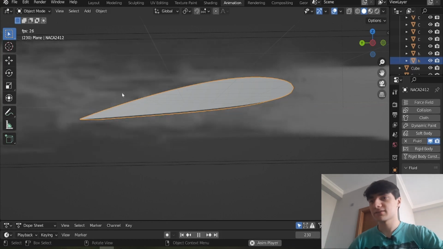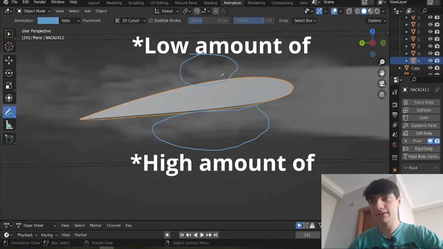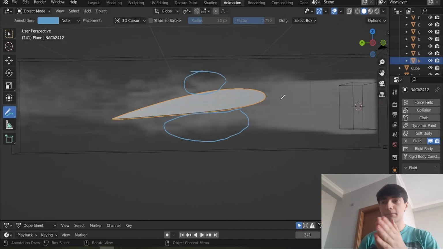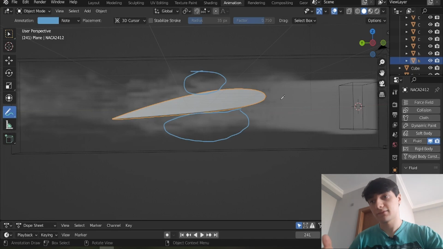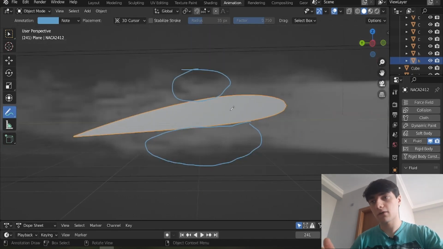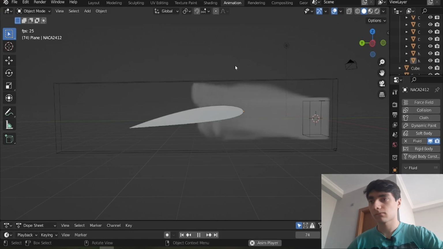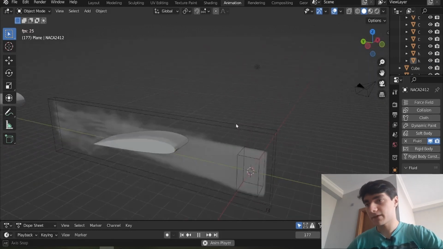As a matter of fact, if there is high pressure here and low pressure here, it will create a pressure difference. When there is a pressure difference, air or any substance will go from high pressure to the low one, which ultimately will cause this wing to go upwards. This is basically why planes stay in the air.